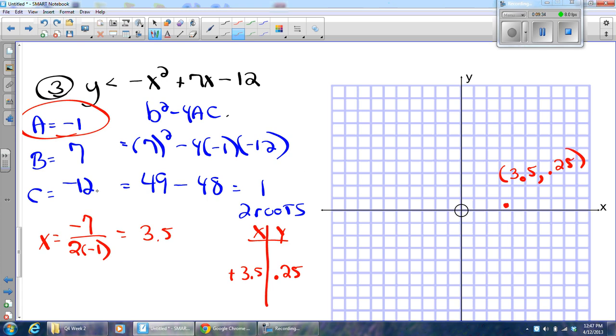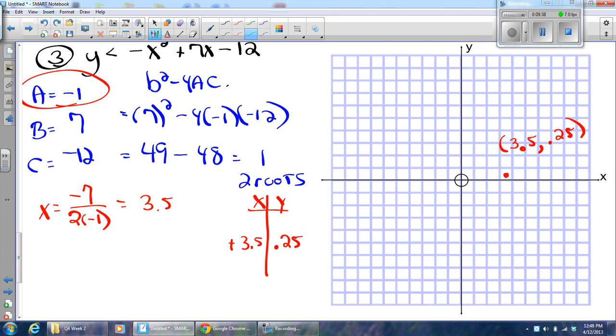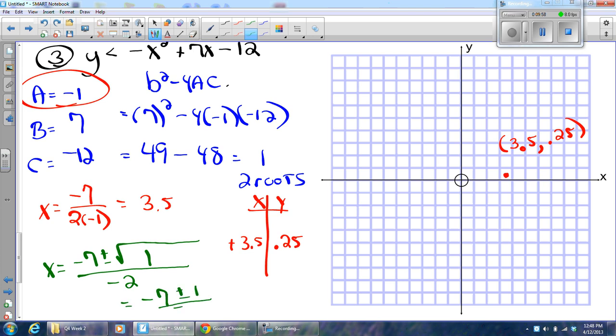So let's see here. I've got to go find my roots now. So I'm going to do x equals the negative of b plus or minus the square root of 1, because I've already done the b squared minus 4ac. The whole thing is over negative 2, so that's negative 7 plus or minus 1 divided by negative 2.